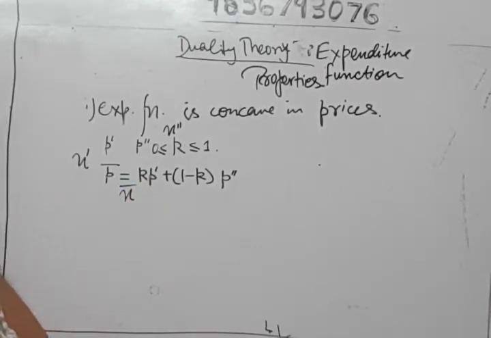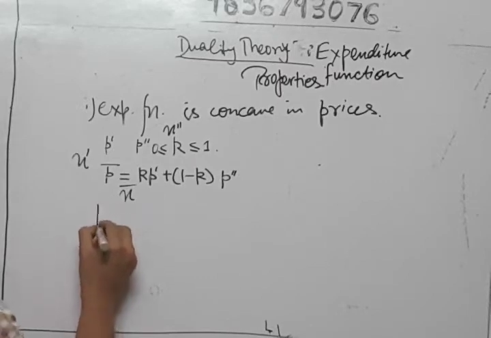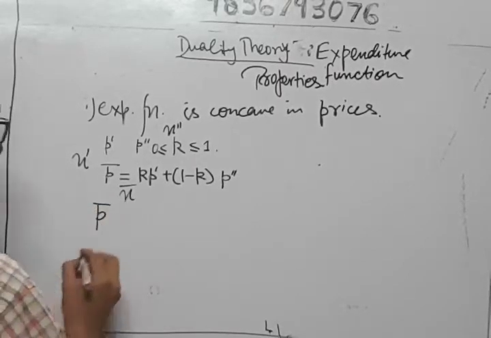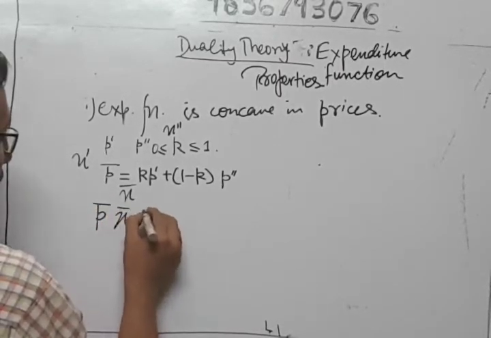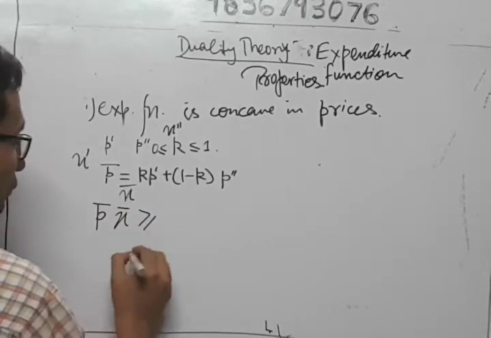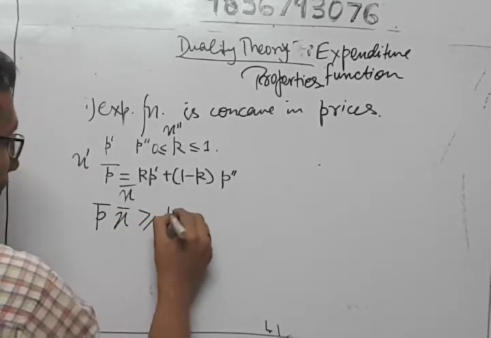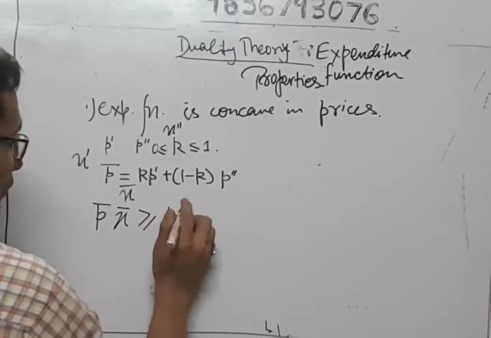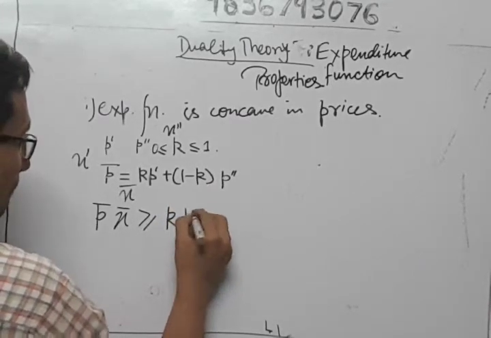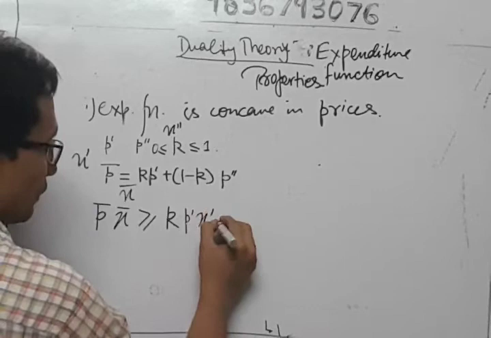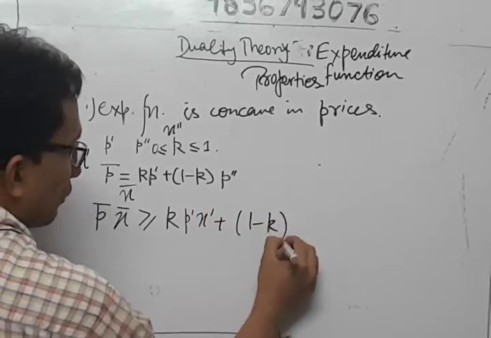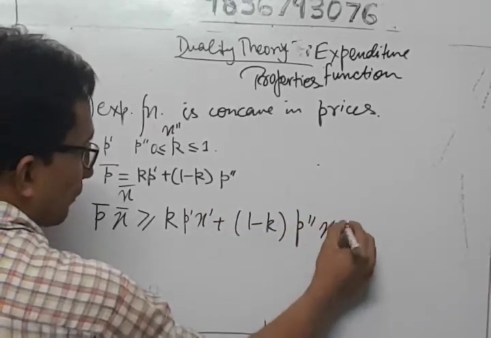Then if these are the conditions which we have, and the expenditure function is concave, then we will have the following expression, that is P bar x bar is greater than or equal to k of P prime x prime plus 1 minus k of P double prime x double prime.